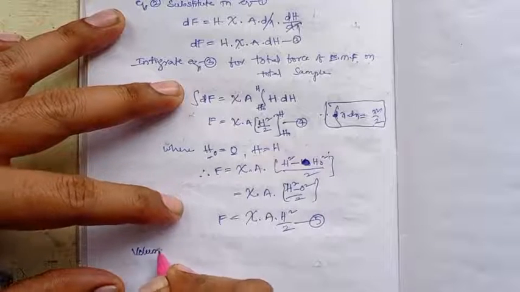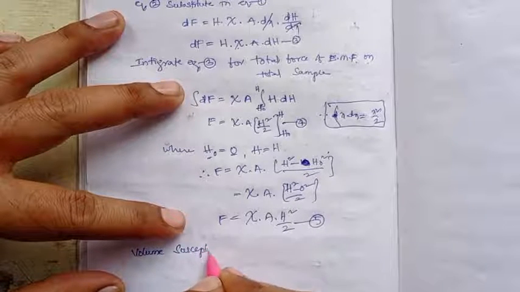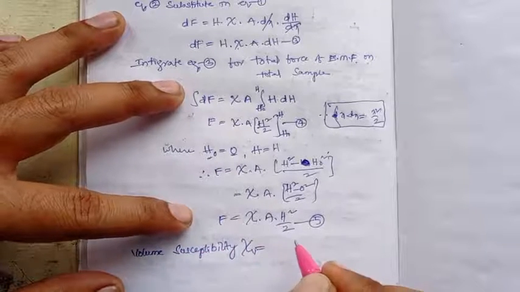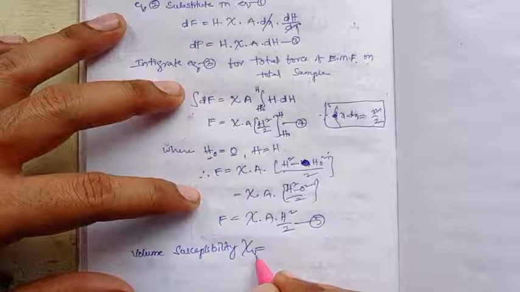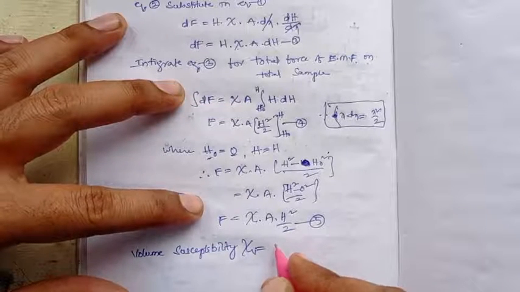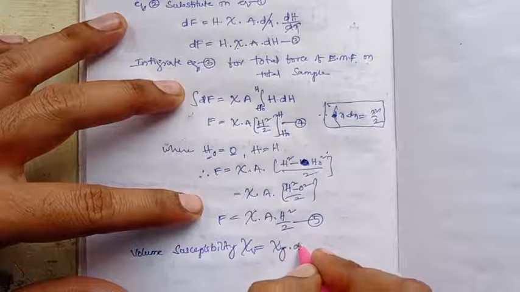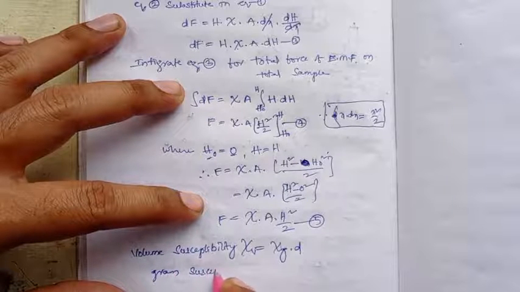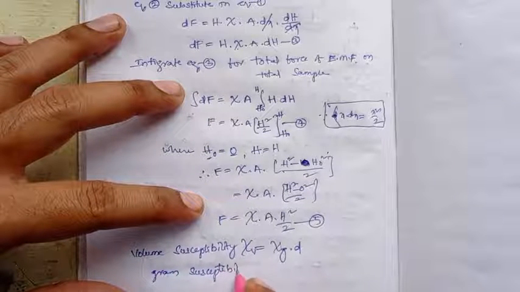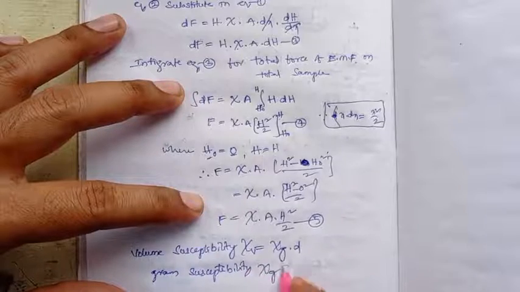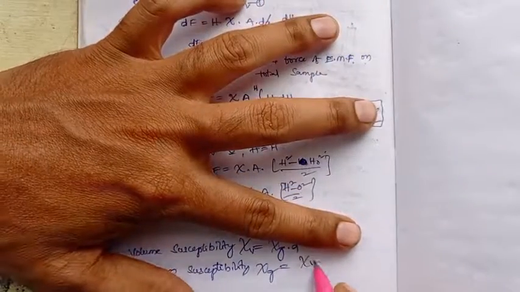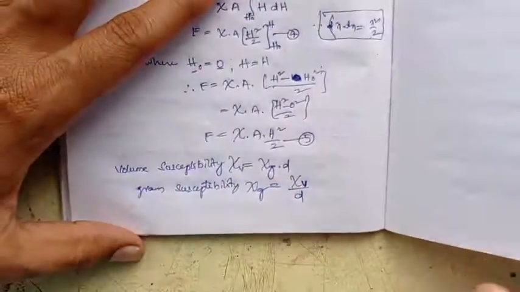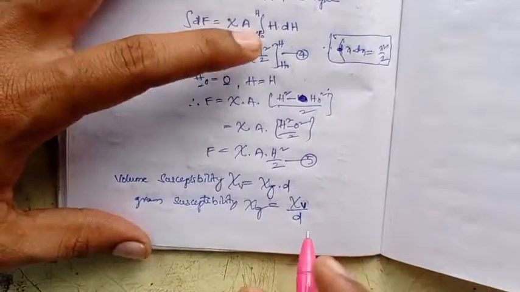Volume susceptibility chi v is equal to gram susceptibility into d, or in other words, gram susceptibility chi g is equal to volume susceptibility by d. This is known to you. I just gave this.